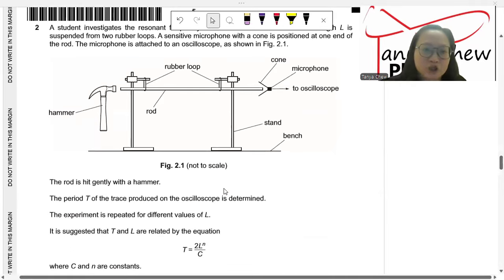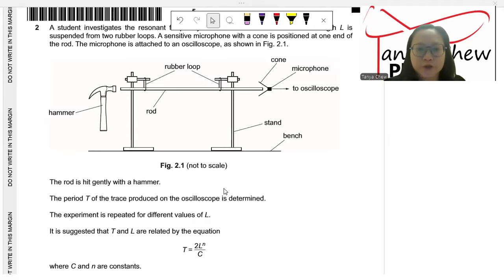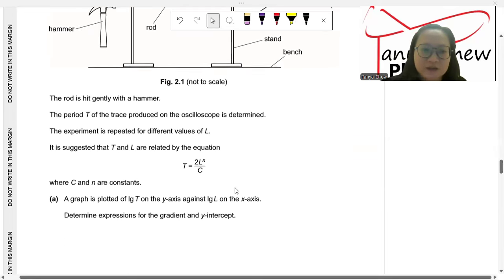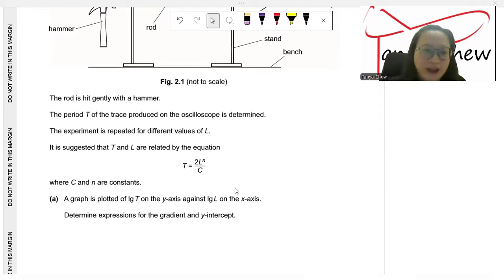The rod is hit gently with a hammer, and the period T of the trace produced on the oscilloscope is determined. The experiment is repeated for different values of L, and it is suggested that T and L are related by this equation: T is equal to 2L to the power of n divided by C, where C and n are constants.